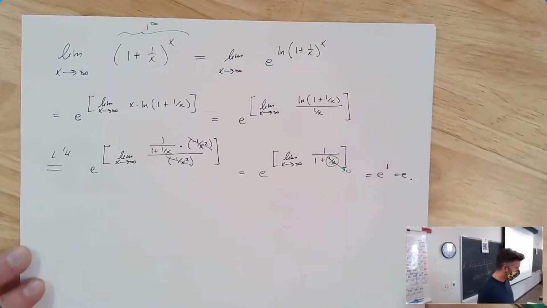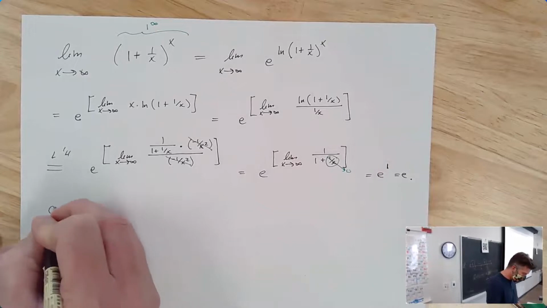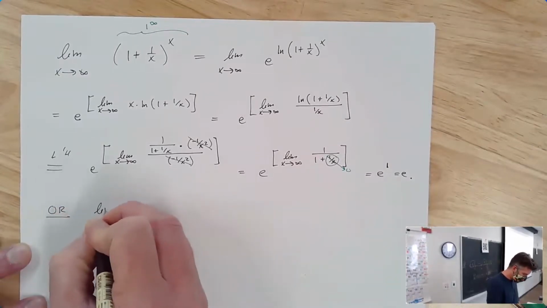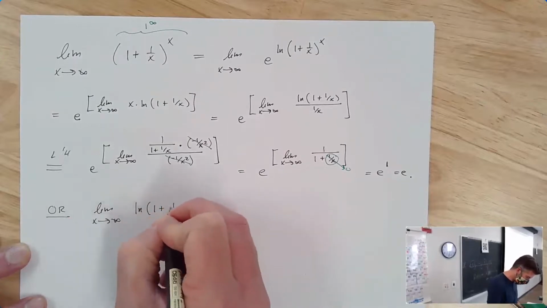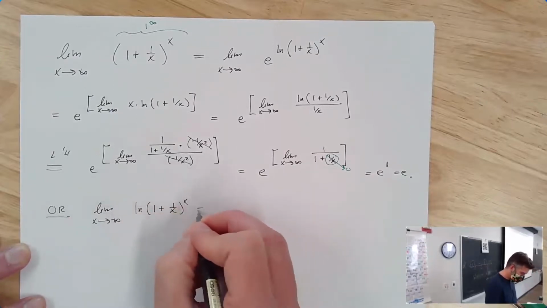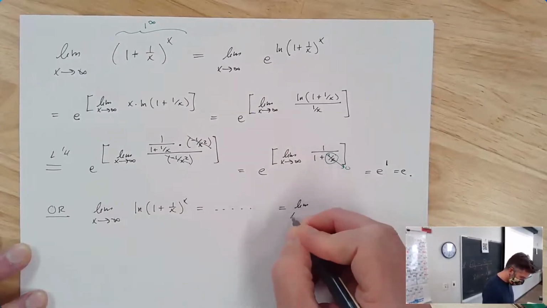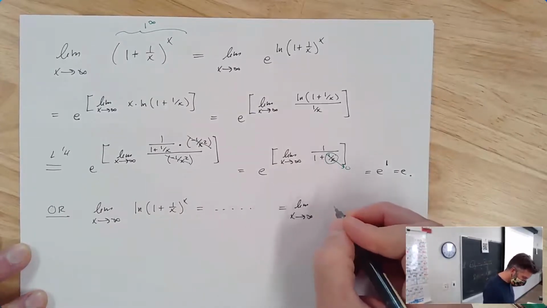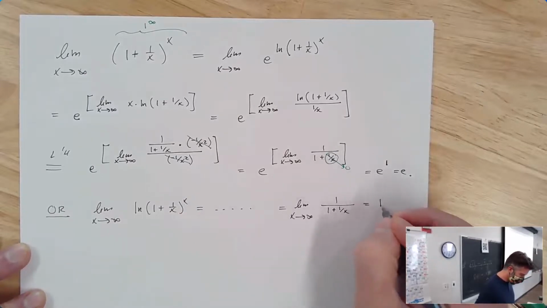I'm not going to go through all the work for it, but I will point out that if you had done this the other way, if you had done the limit as x goes to infinity of the natural log of 1 plus 1 over x to the x, you would have done a bunch of work, and eventually you would have gotten the limit as x goes to infinity of 1 over 1 plus 1 over x, which would have been 1.